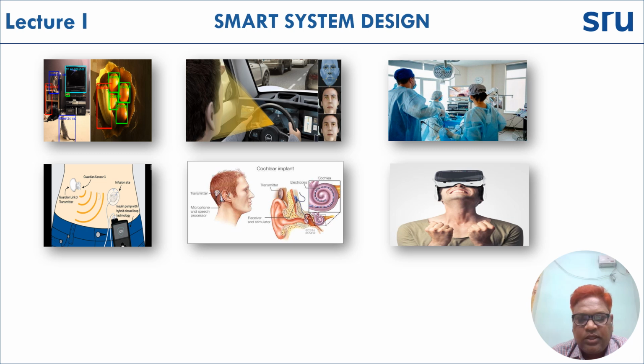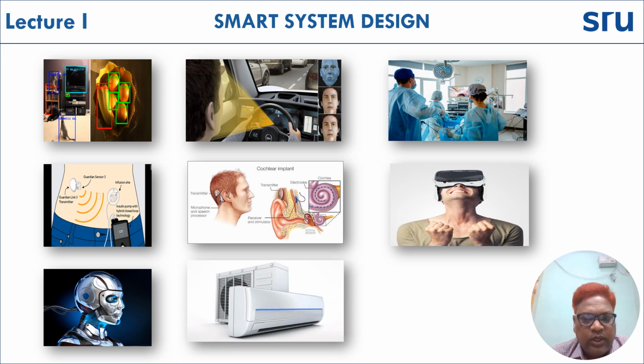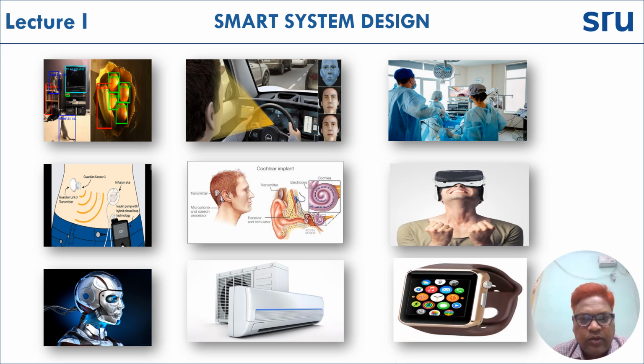With the help of this, you are entering into a new environment that is not physically available. That is called virtual reality. And robotics is one more example of a smart system, and ACs and smart watches. These are some of the examples we are seeing in our real life.